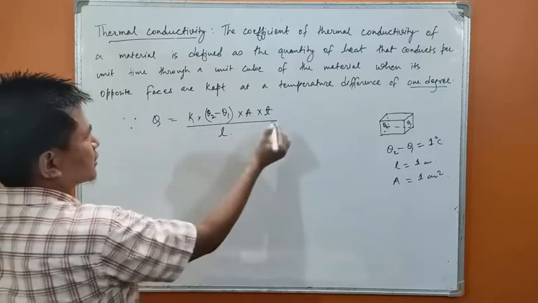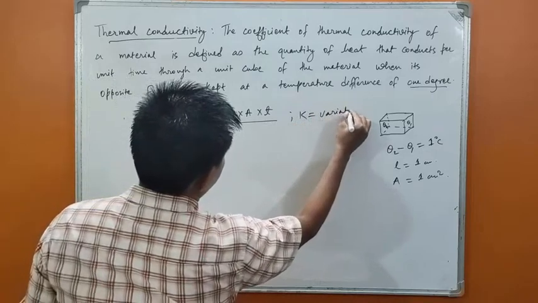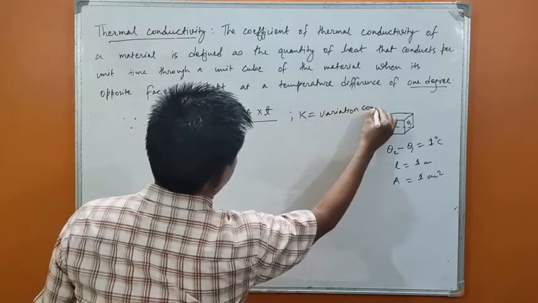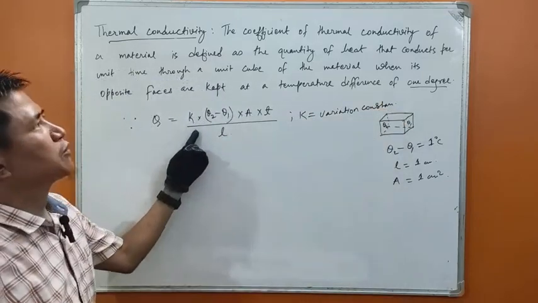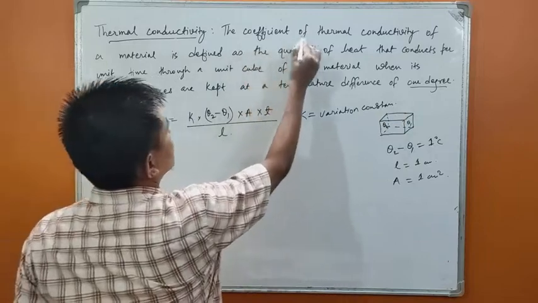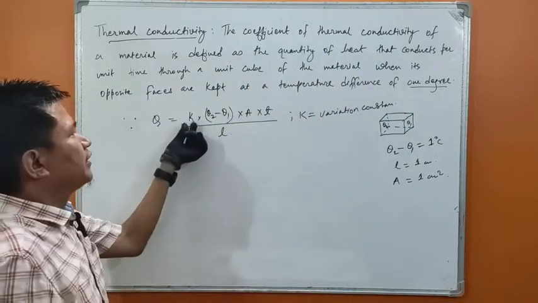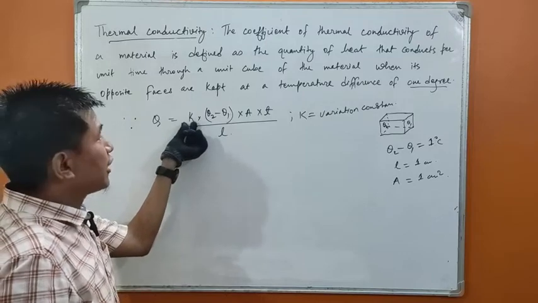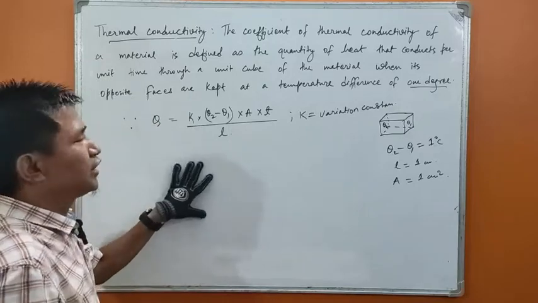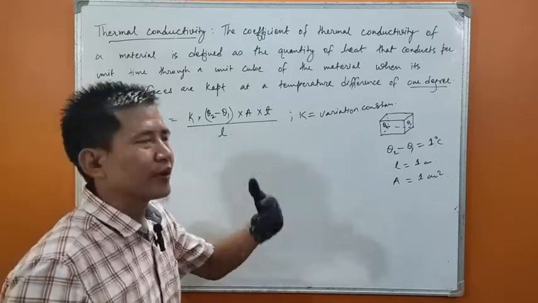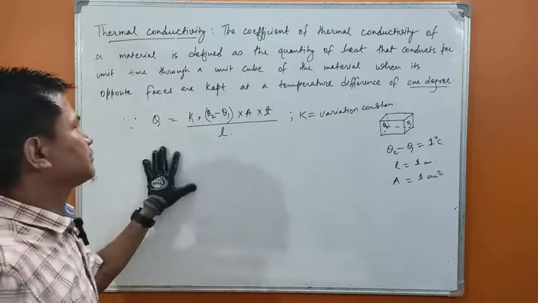This K is called the variation constant, but in this case K is called the coefficient of thermal conductivity. The value of K depends upon the nature of the conducting material, like aluminium has a different K, copper has a different K.